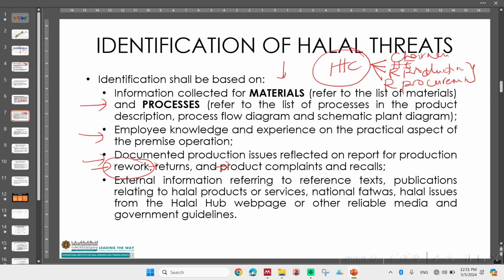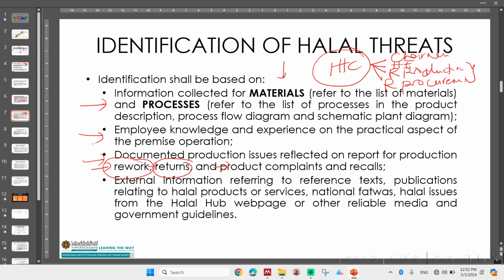And returns: during their operation, when a company manufactures the final product and it is delivered to the client's premises, they may receive a return of the product because of non-compliance. Maybe the product is broken, the packaging is torn, or there is a change of color, smell, or structure. That is called a return.